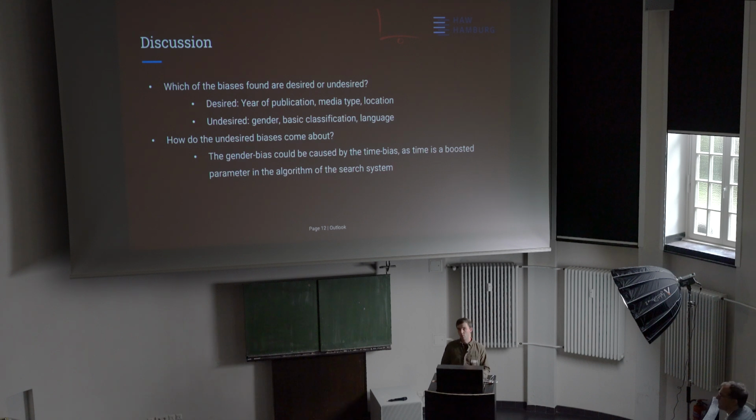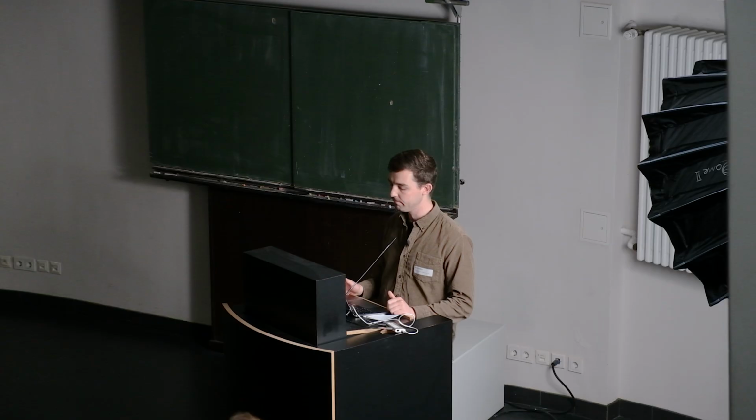So the task was only to find, is there a bias or is there not a bias? It's important to discuss which of the biases found are desired or undesired, because our practice partner, the Hamburg State University, told us that the biases from the publication date, the media type and the location are desired, because these parameters are boosted in the algorithm.